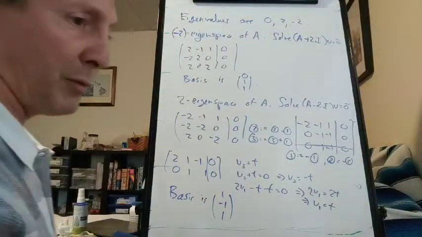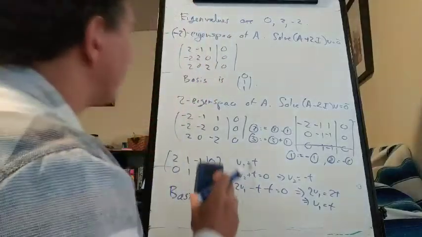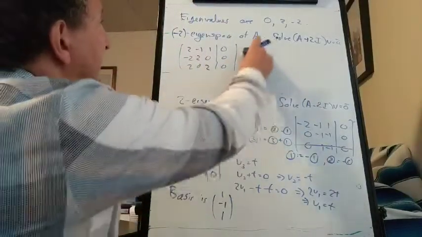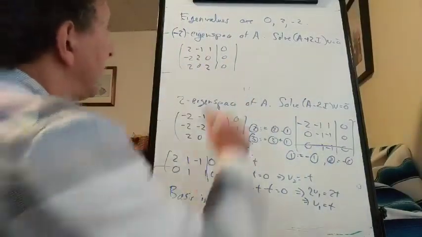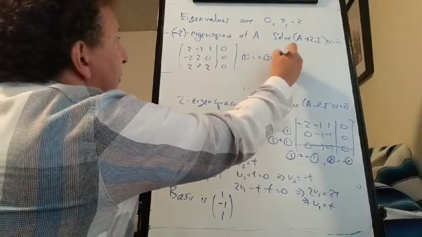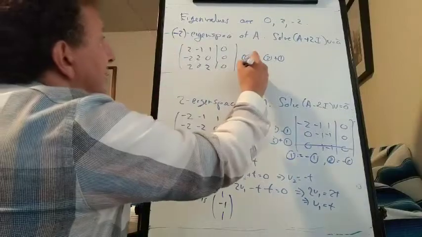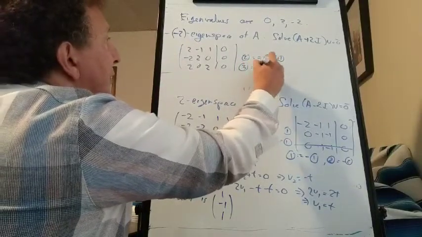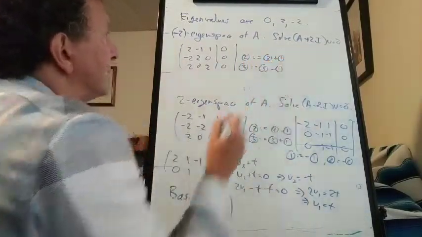And I guess we can do a couple row operations. So let's see. We can let row 2 be row 2 plus row 1. That'll get rid of the negative 2 here, and we can let row 3 be row 3 minus row 1.